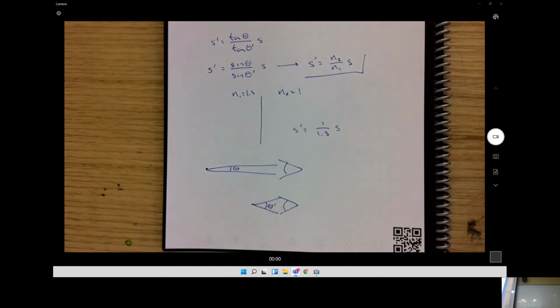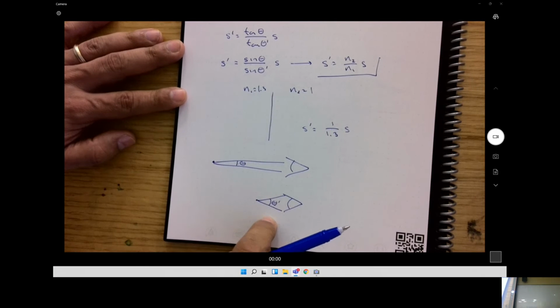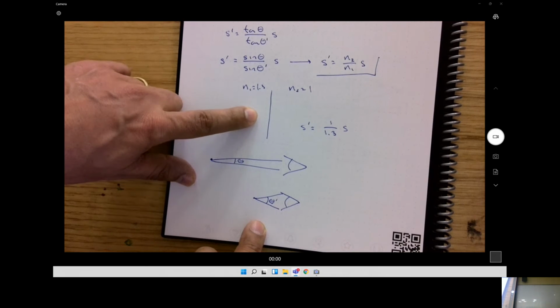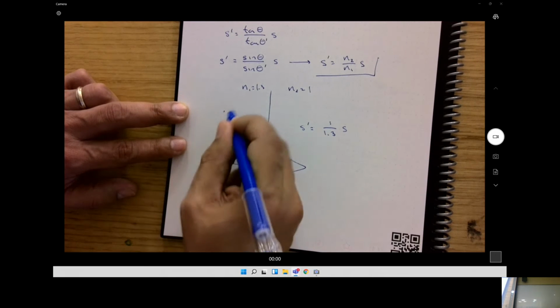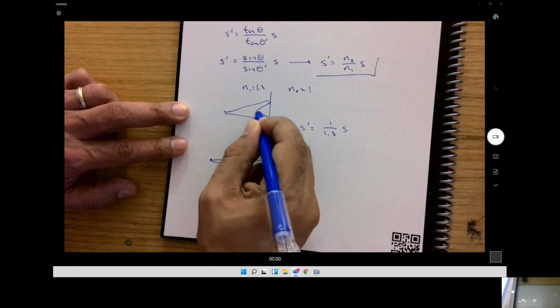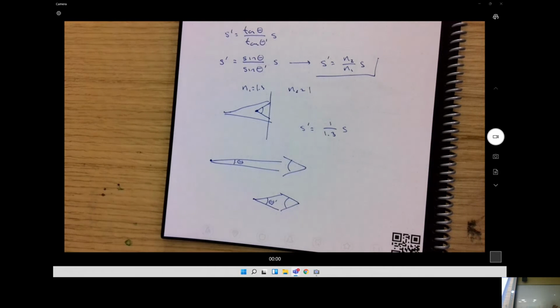This kind of magnification is called angular magnification, and it's just caused by the angle that light makes when it reaches your eye from an object. It can be caused by a lens, or by this change in interface, where light comes from here but appears to come from a different point, and because this angle is larger, it looks bigger.